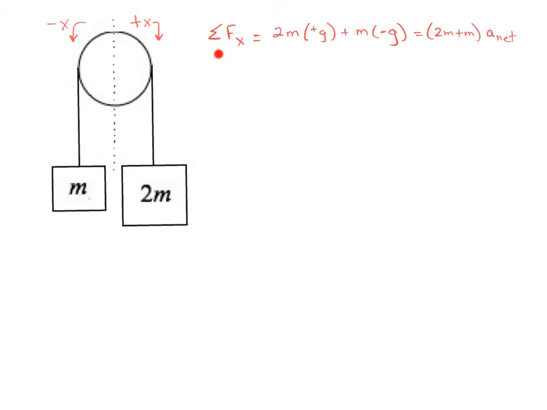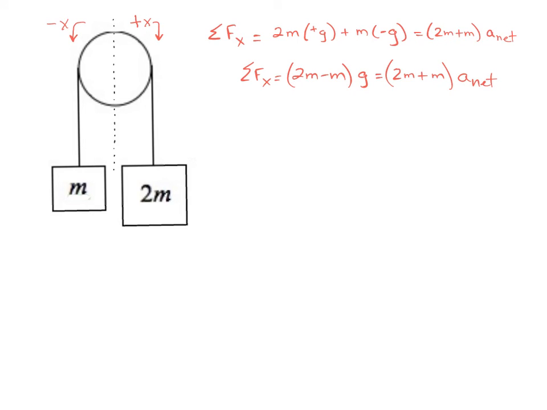The sum of the forces in the x direction, this whole thing here is the x direction, is equal to 2m, this mass here, times positive g, since it's acting in the positive x direction, plus the other mass, acting negative g, it's going in the other direction, and that has to equal the sum of the two masses times their net acceleration. If we factor out the g, it'll look something like this.